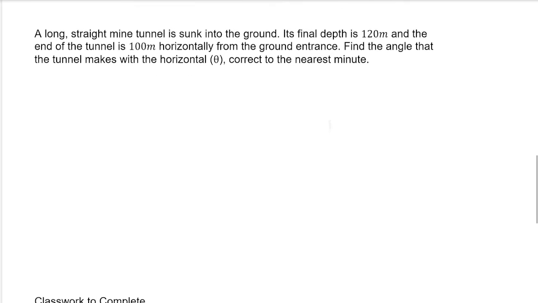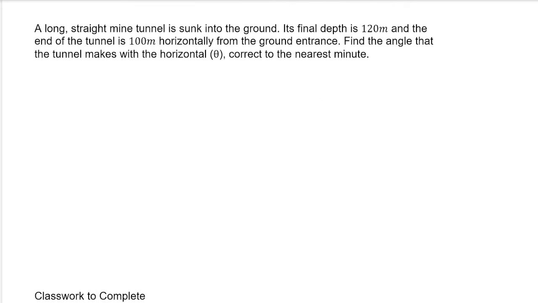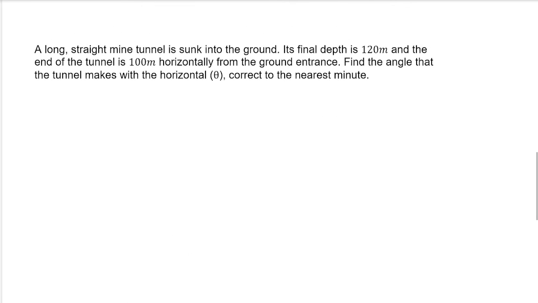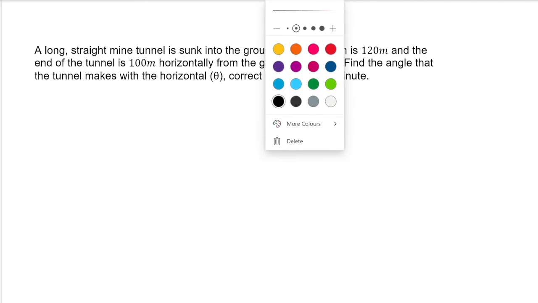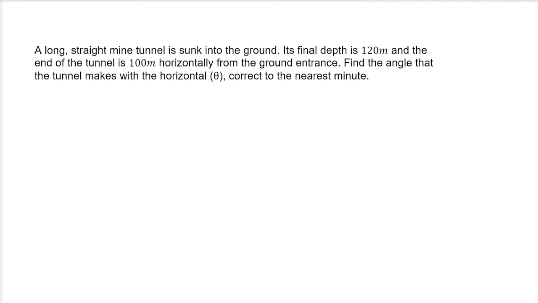Let's see this as a word problem now. So this is where you're going to have to draw a diagram. So we have a long, straight mine tunnel sunk into the ground. Its final depth is 120 meters. So let's change my pencil color so I can draw this up.